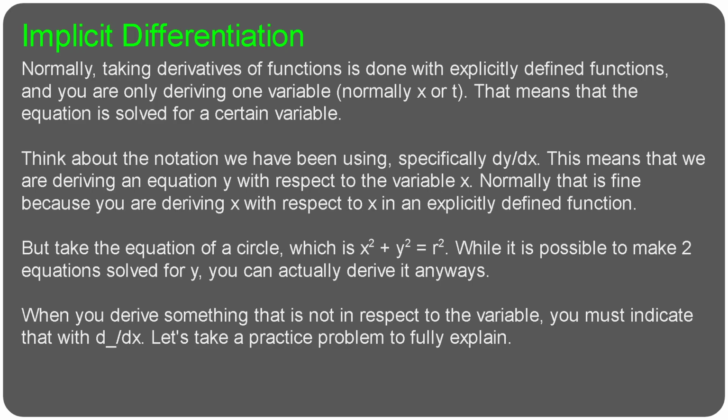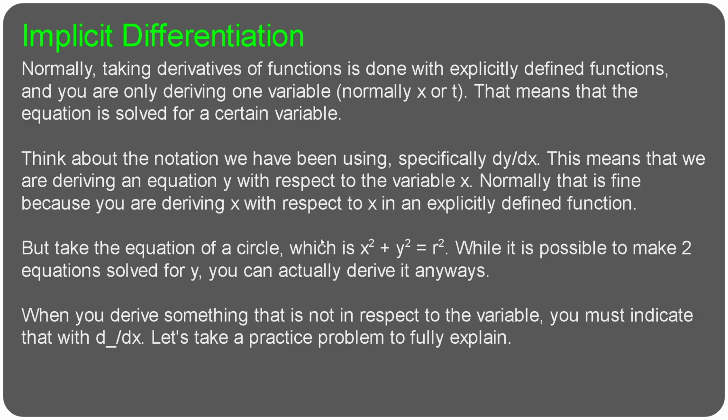So you'll have y equals x squared. The equation has been solved for y. If you think about the notation we've been using, dy over dx means that we are deriving y with respect to the variable x. And normally that's fine because you're deriving x with respect to x when it's explicitly defined.